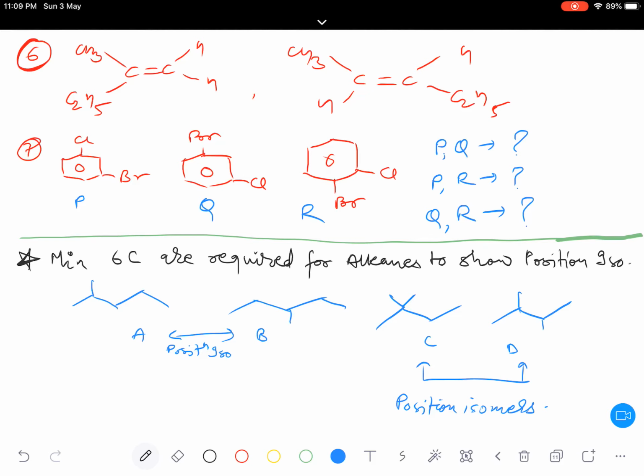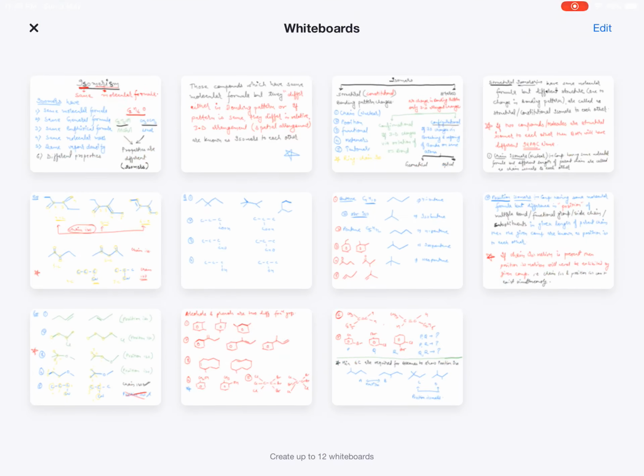Now let's talk about alkene and alkyne. I can write minimum 4 carbons, because in alkanes there was no unsaturation, while in alkene and alkyne unsaturation will be there, so we can change the position of unsaturation itself.